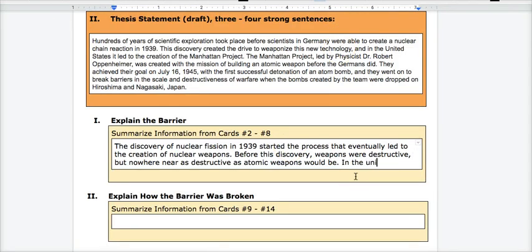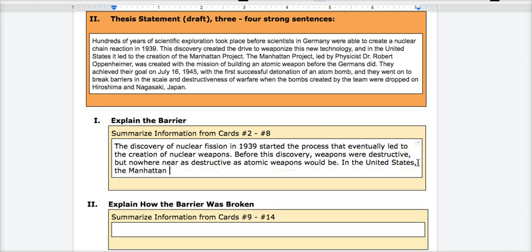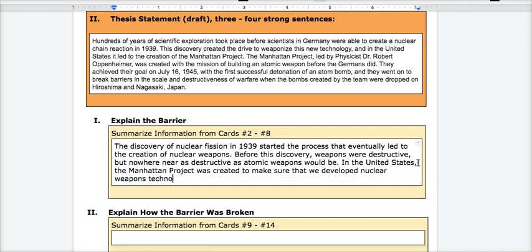In the United States, capitalize that, the Manhattan Project was created to make sure that we developed nuclear weapons technology before Germany.